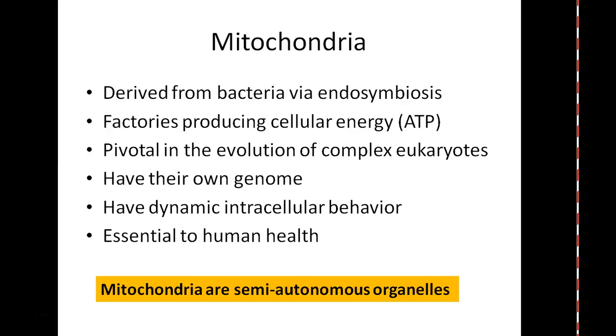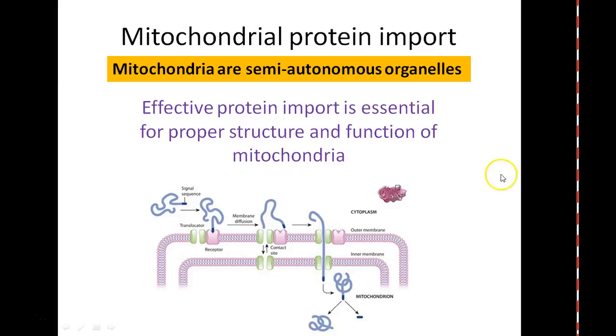Autonomous would mean that they can reproduce and build their own structure, so they would not rely on any other organelles. In this case, they heavily rely on the nucleus.